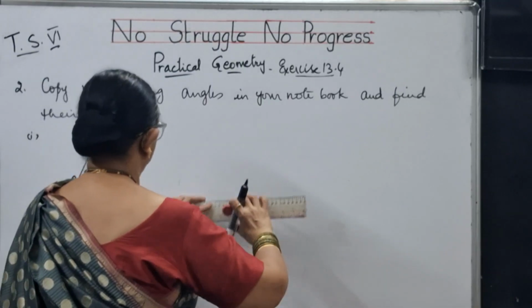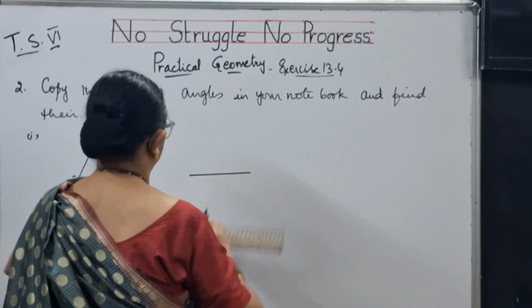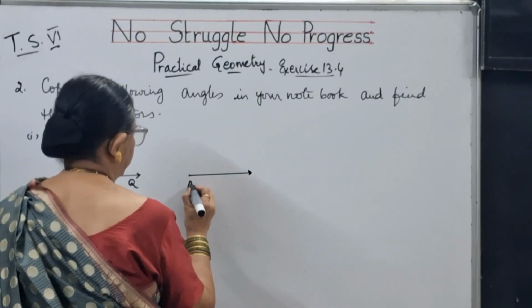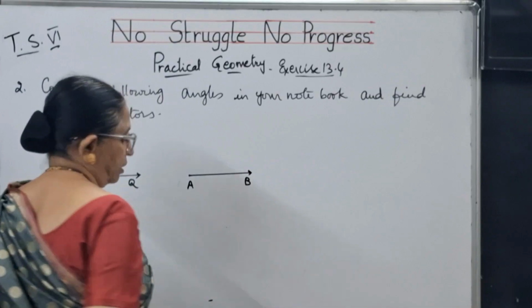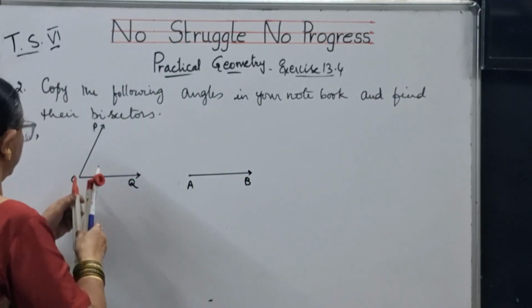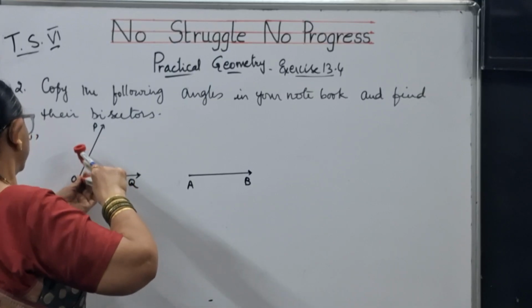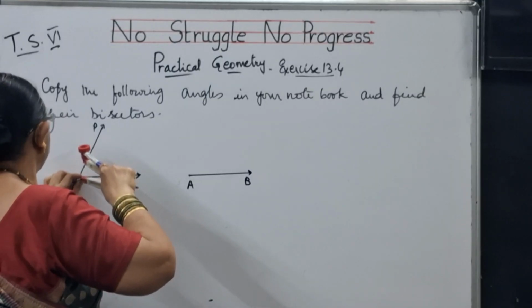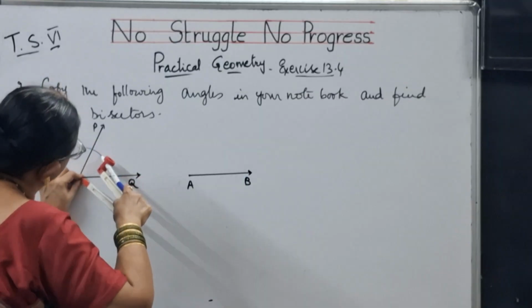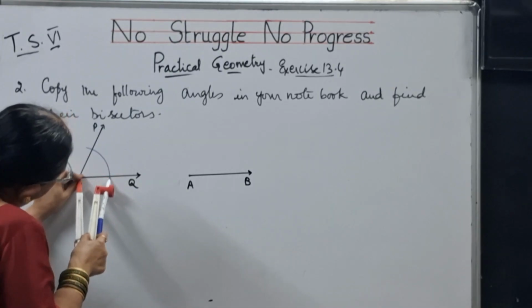First, I have to draw a ray. Let me take this as A, this is B. AB ray I am taking. Then, with O as center and some radius, you have to draw an arc like this upon it.